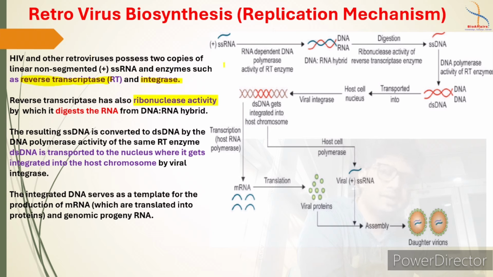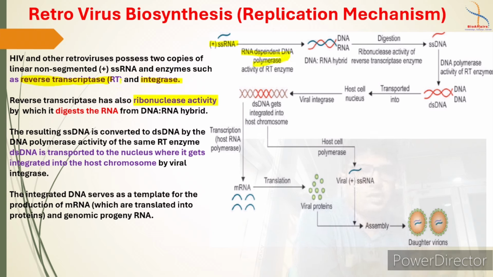So how is this RNA transcribed? Because it is an RNA genome, from RNA you have to make DNA. Because it is a retrovirus, from RNA they have to make DNA. So which enzyme is required? The RNA-dependent DNA polymerase activity of the RT enzyme. Here RT means reverse transcriptase enzyme.